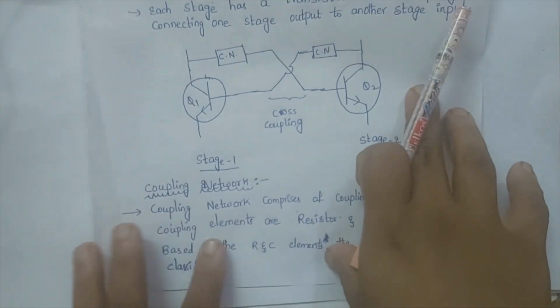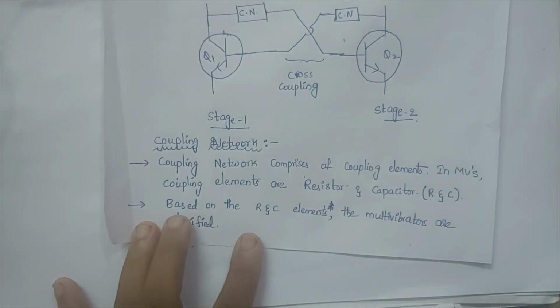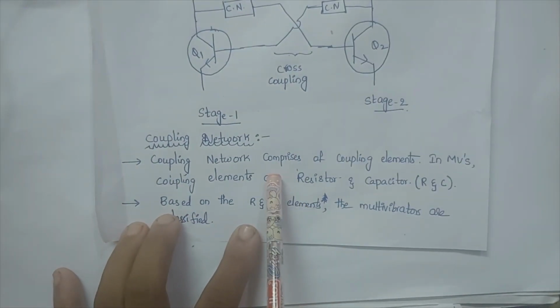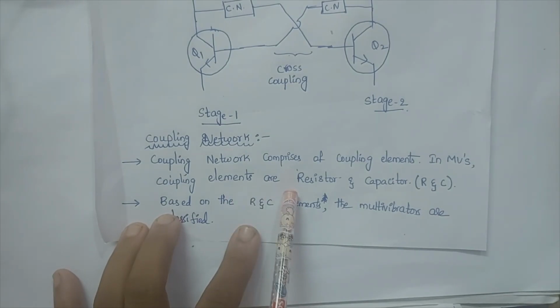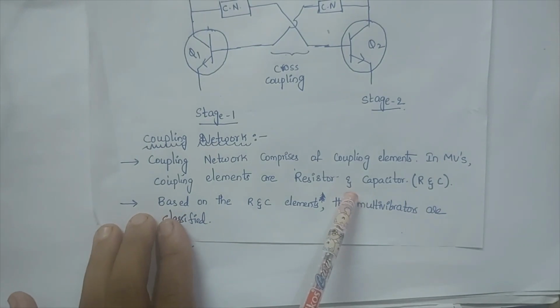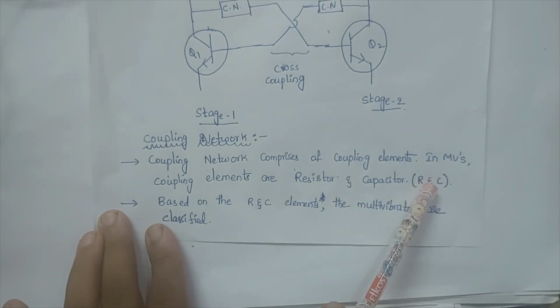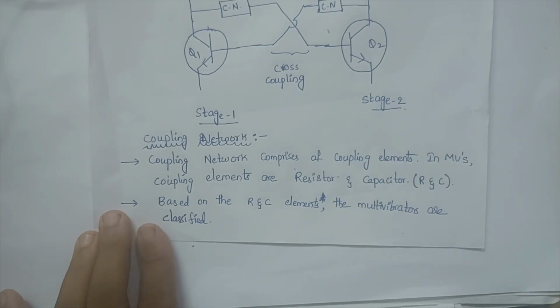Let us see a few points about the coupling network. In a multivibrator, the coupling network comprises coupling elements that are only resistors and capacitors. As we know, a capacitor won't allow any sudden change of current flow through it.